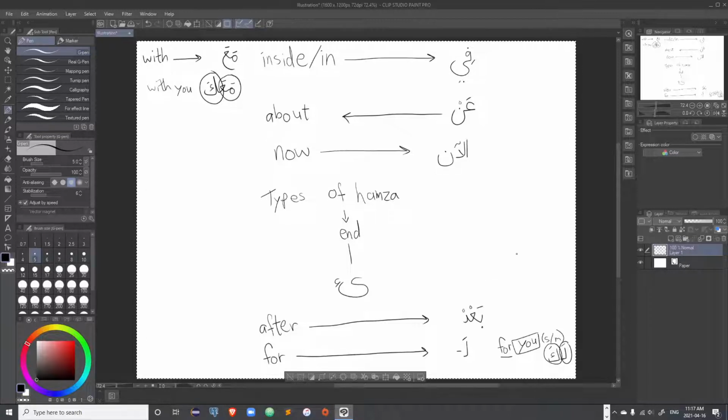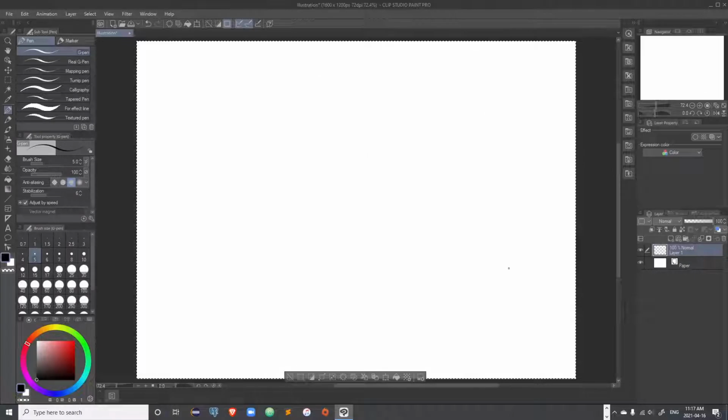Now we will move on to two nouns that I would also like to add to your dictionary. Righteousness, or it could also be right.